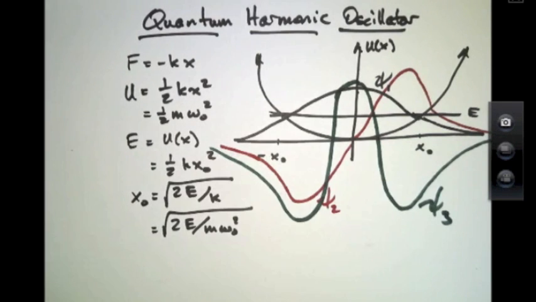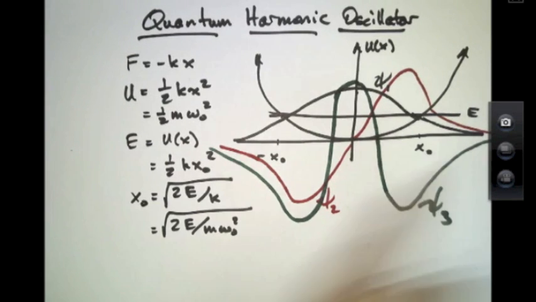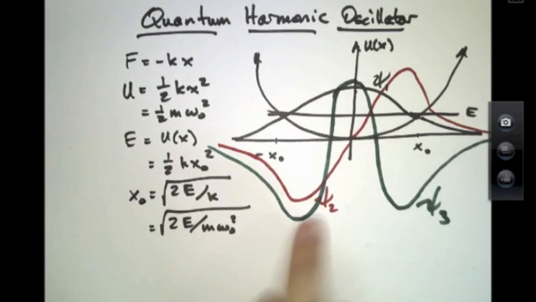So qualitatively, it might look something like that. I'm sure I haven't drawn this exactly right. So we expect some sort of damping off to the sides over here. And we expect the usual number of nodes and antinodes in the center.